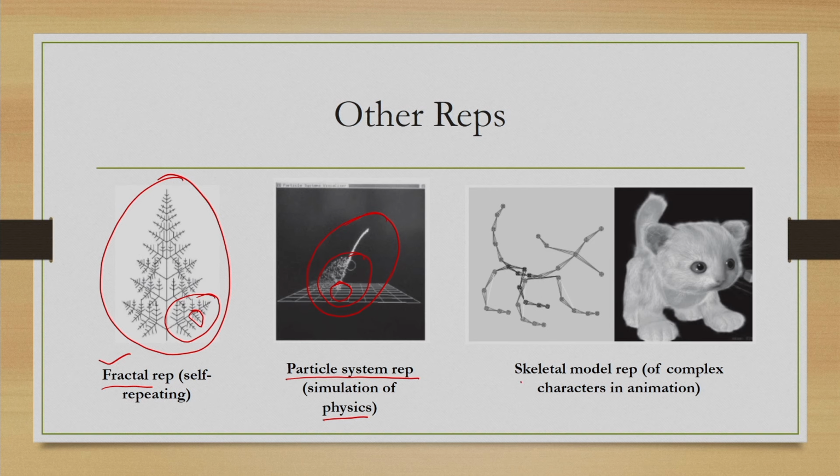Third technique is skeletal model representation. If we want to create a character like this, we can represent the character using a skeletal form, which is shown in this left side figure. And the way this skeletal form is defined, whenever this character moves, the movement of the skeleton is also proportionate.